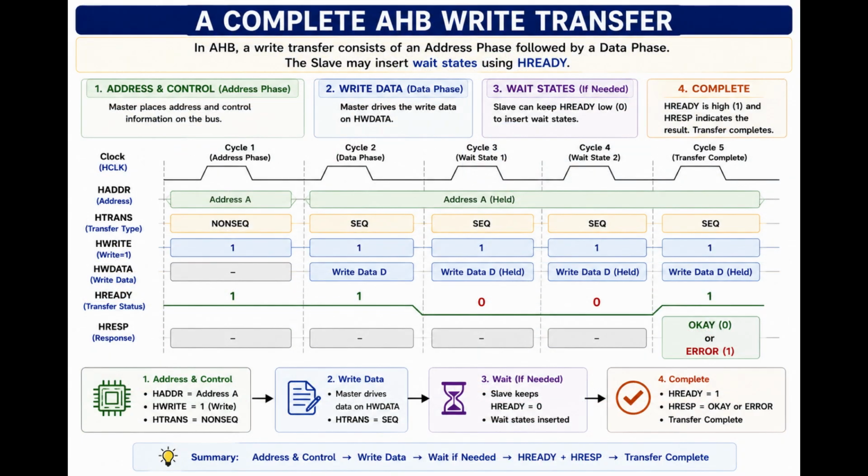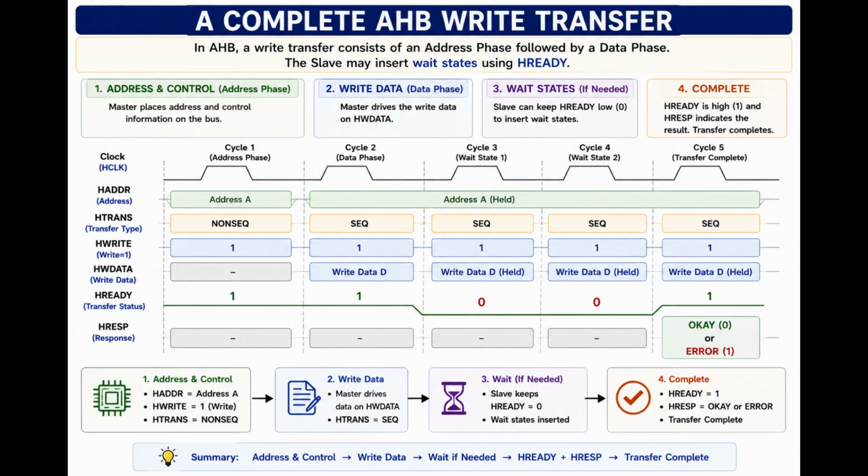Now let's put everything together and see how a complete AHB write transfer works. First, the master places the address and control information on the bus. Signals such as HADDR, HWRITE and HTRANS describe the transfer. Since it is a write transfer, HWRITE is set to high. In the following data phase, the master sends the write data using HWDATA. The selected slave processes the transfer.